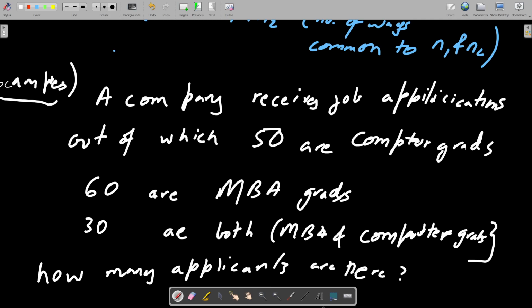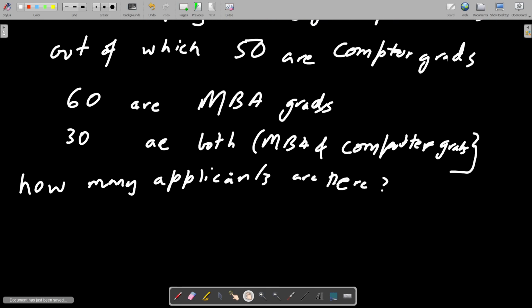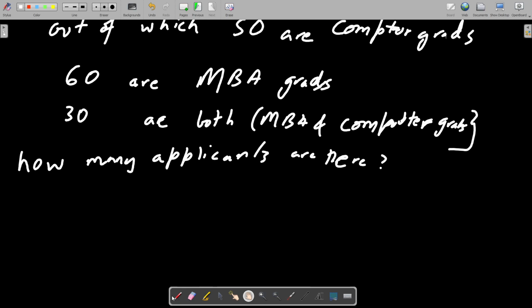Okay. Why are we doing that subtraction, by the way? Because when we are adding them up, 50 plus 60, some of the people counted here have this degree also.